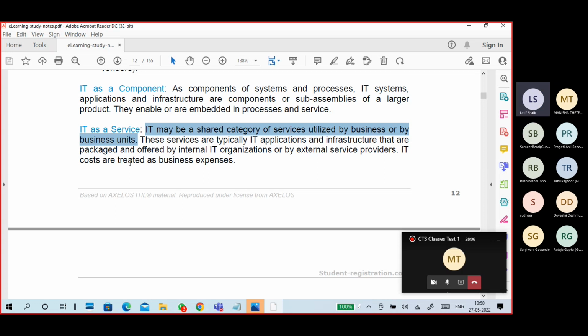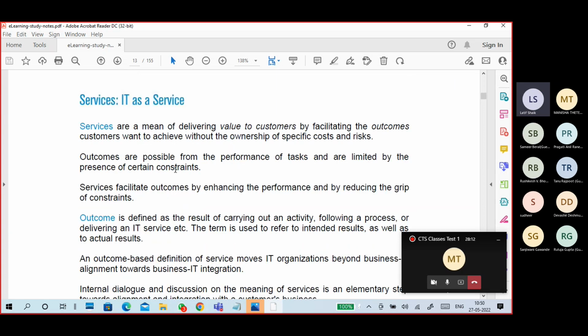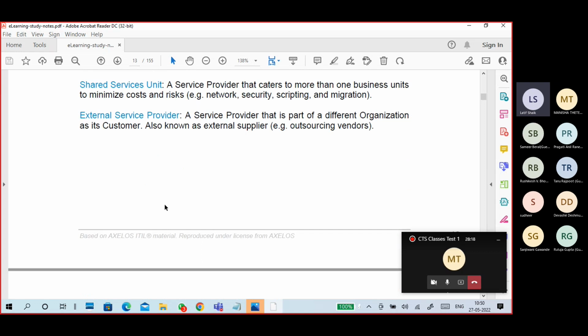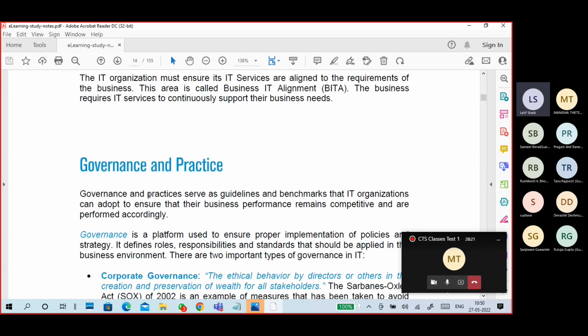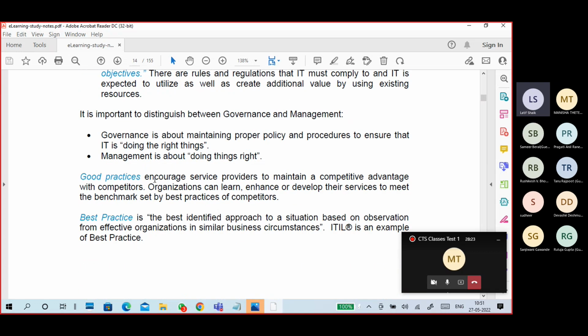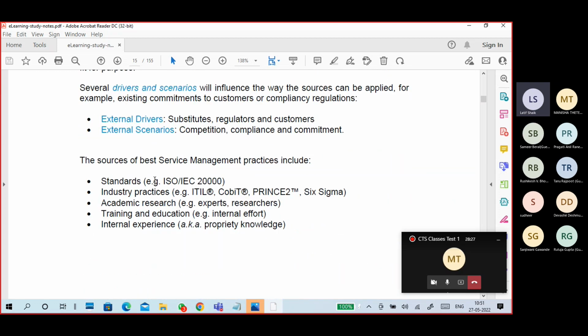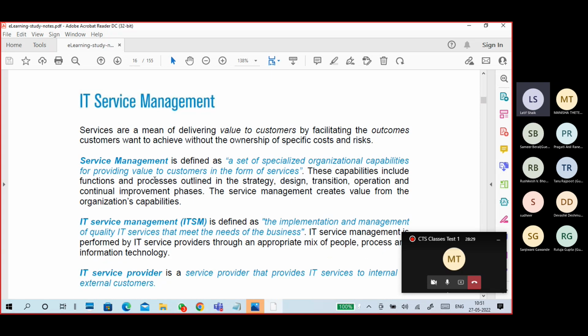IT costs are treated as business expenses. Just go through what IT as a service is, what service outcomes are, what governance is, what good and bad practice are, and what service management is.